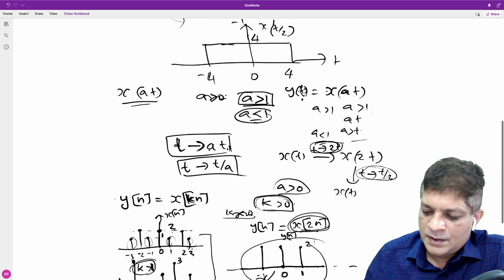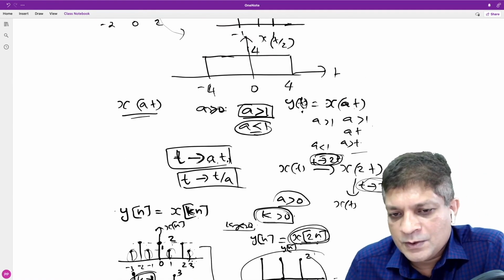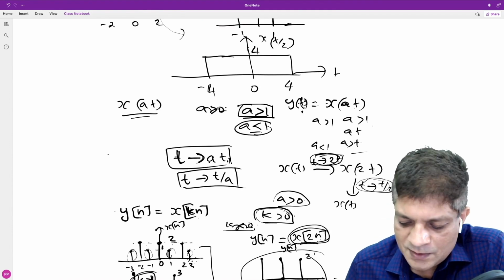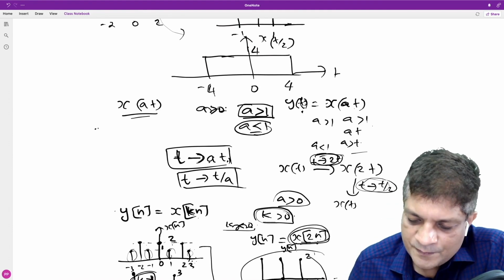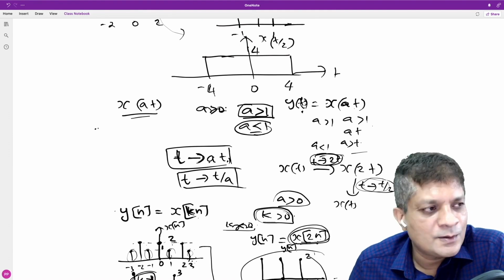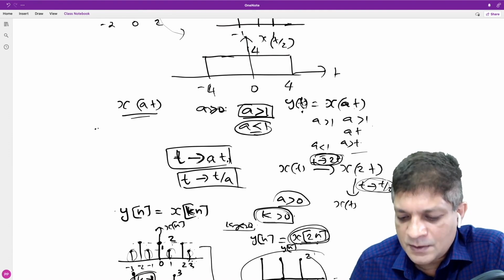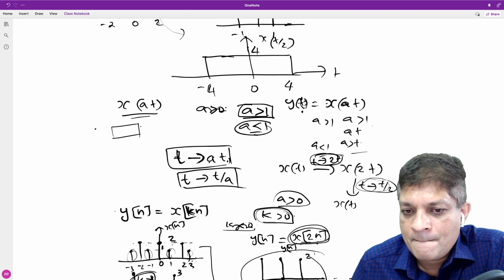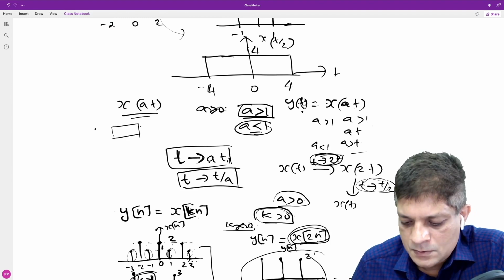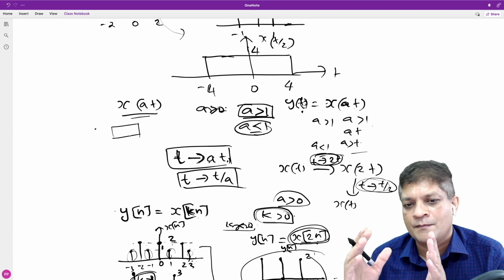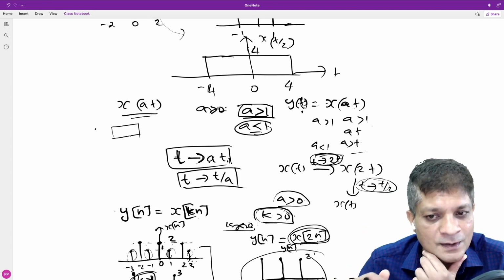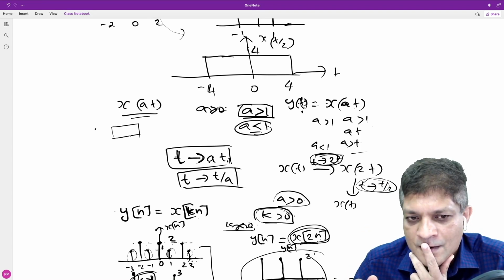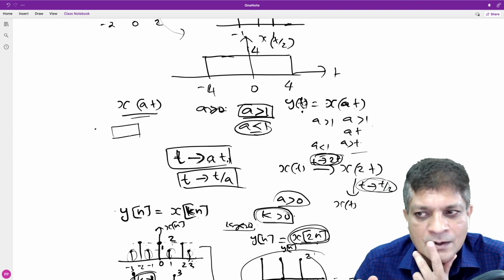Now let me tell you an example. Where do we use this time scaling operation? Can you tell me an example where we use this operation? For amplification?